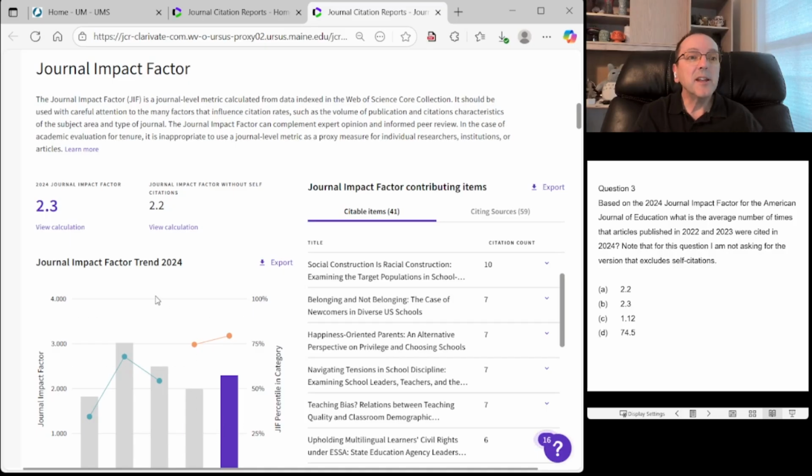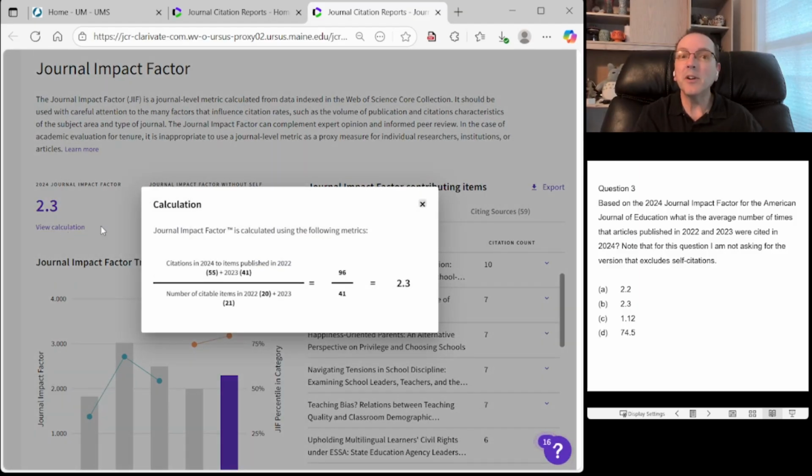You can actually see here, the journal impact factor for 2024 is 2.3. It actually gives you the calculation, which is kind of cool if you're into this stuff. It says, for example, here's the number of citable items: in 2022 it is 20, and 2023 is 21. So there's 41 articles that were published in 2022 and 2023.